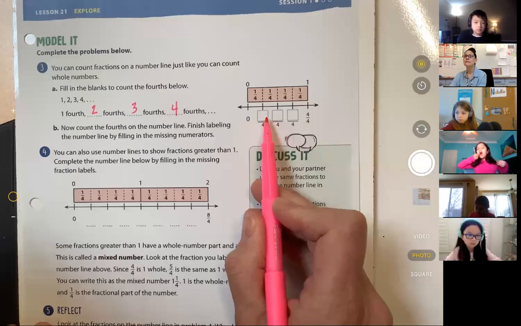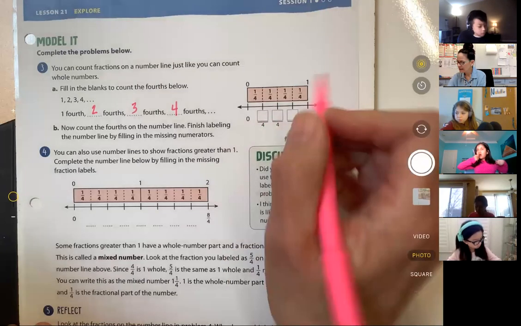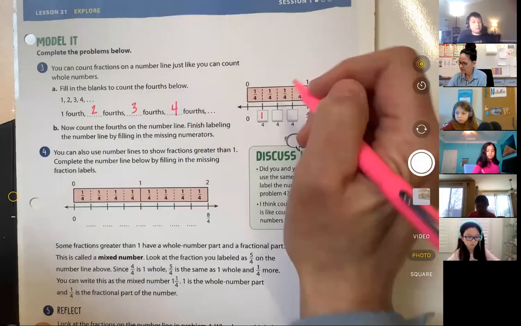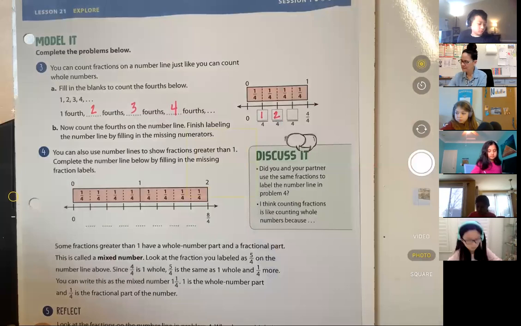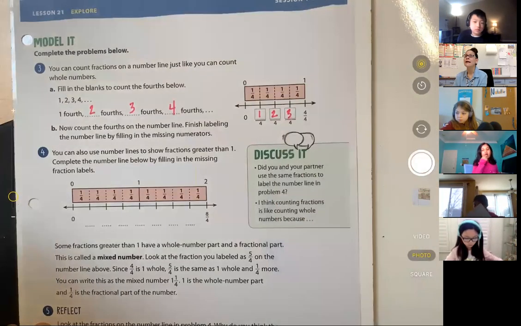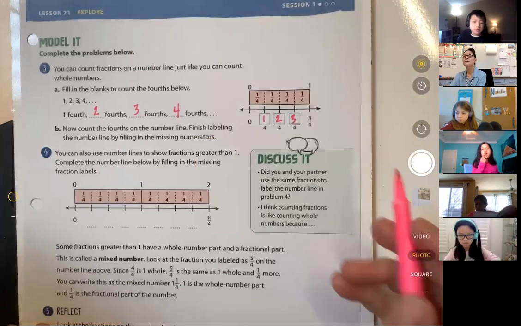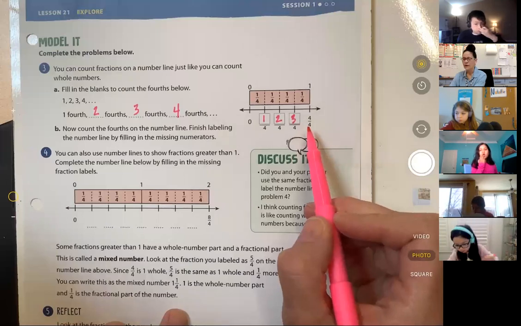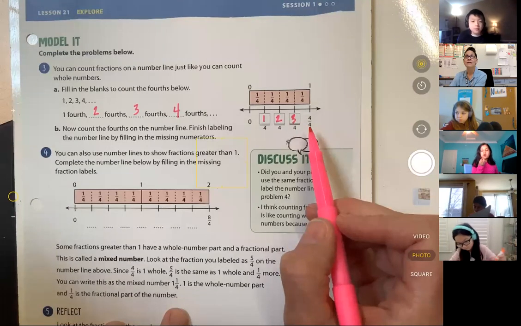We sure can, because here's a fourth, and here's 2/4, and 3/4, and 4/4. And take a look at this, my friends, on the number line. It is very similar to the fraction tiles I just showed you.